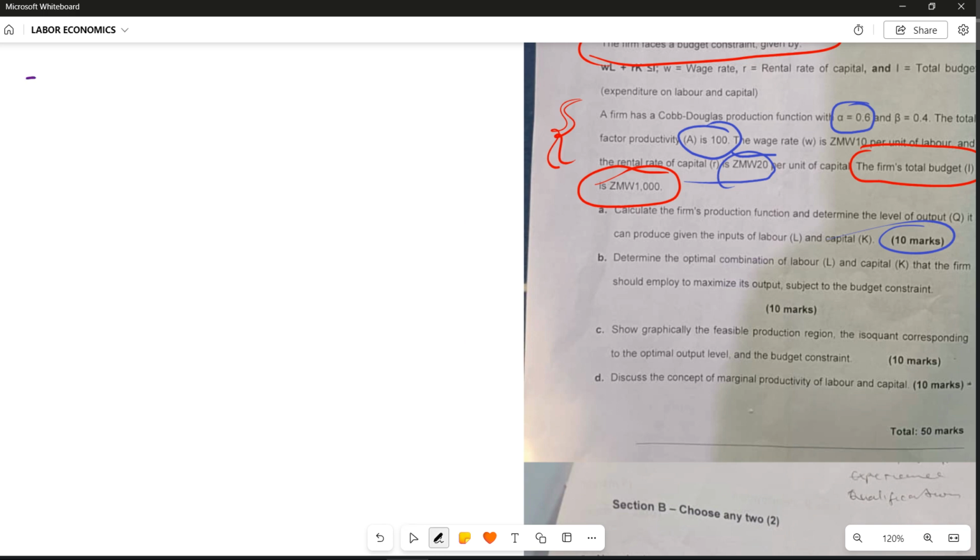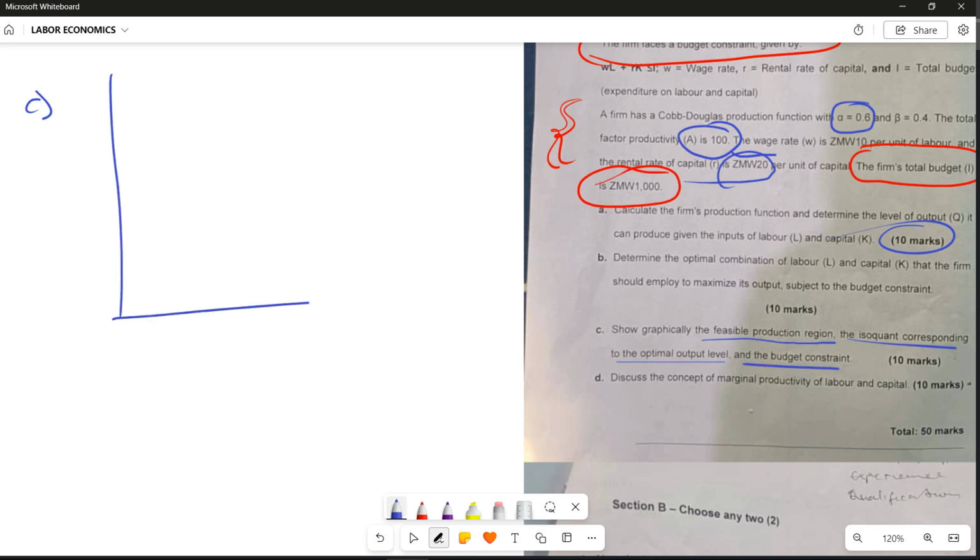So for C, you're just doing this command graph.